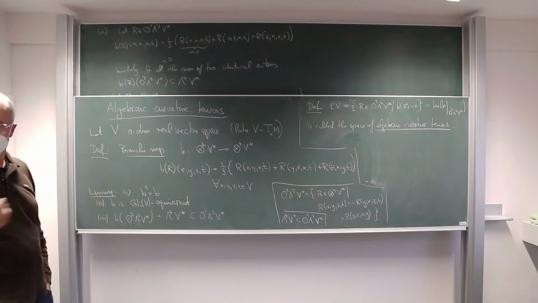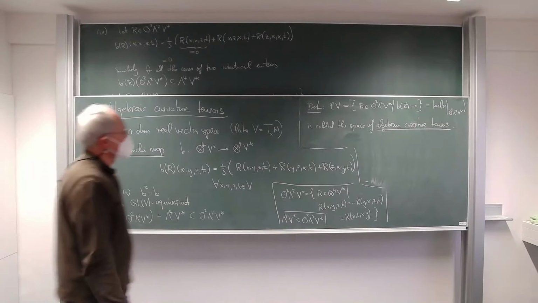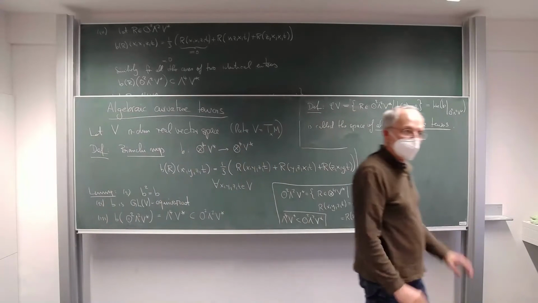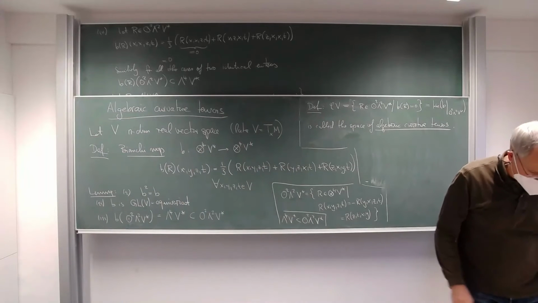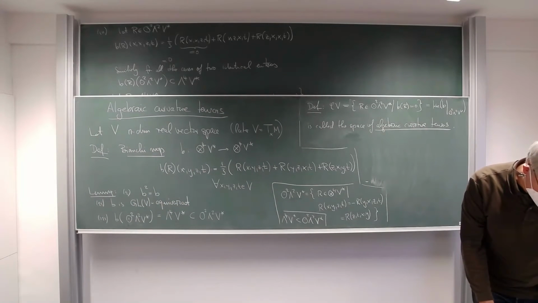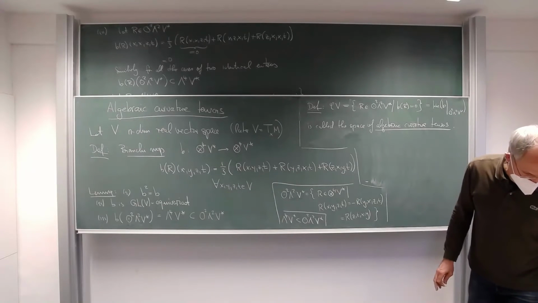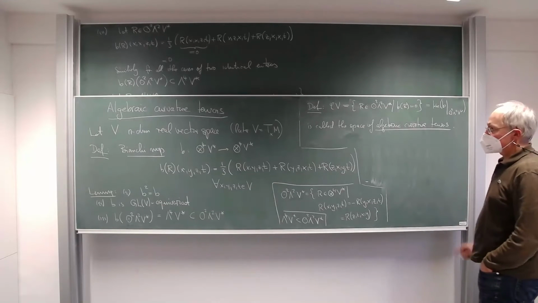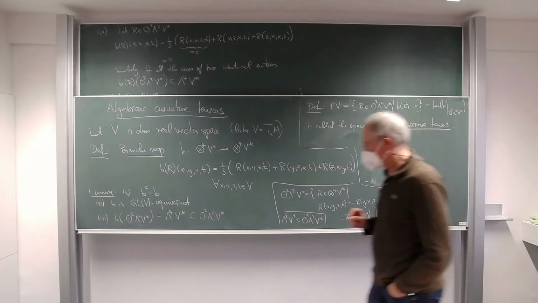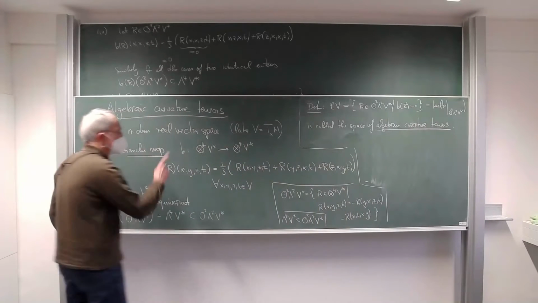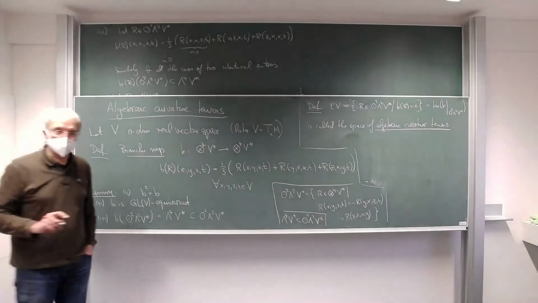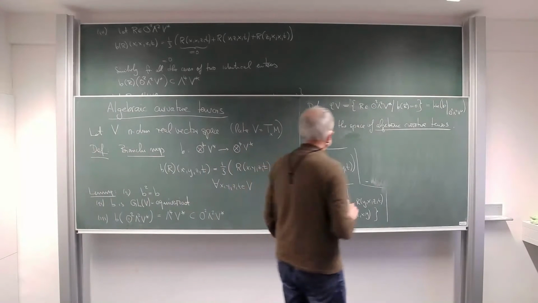Good. And it's clear why it's called that, because these are the tensors that have exactly the symmetries that we know from the curvature tensor of Riemannian geometry. Now let's see if we can compute the dimension of this space of algebraic curvature tensors. This can be helpful, as we will see later.